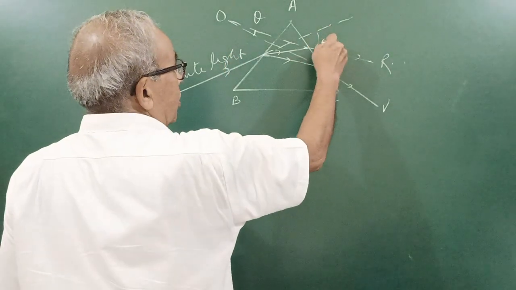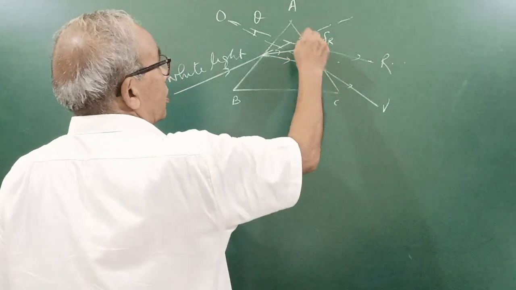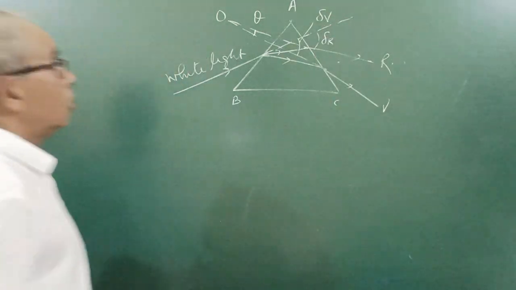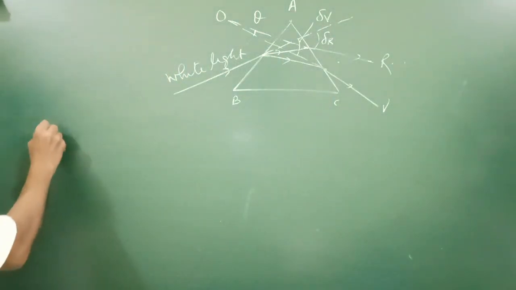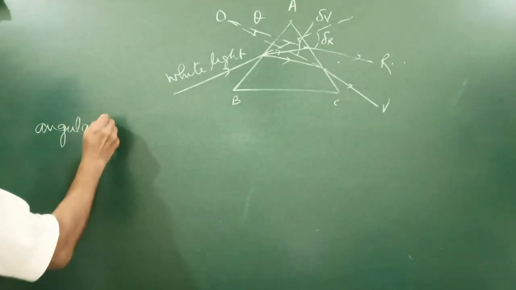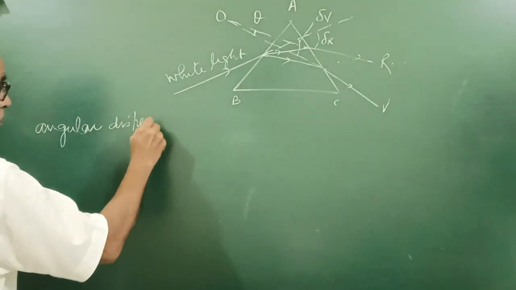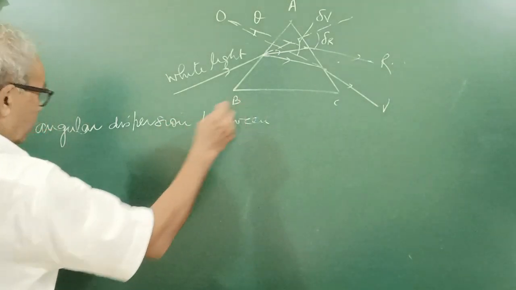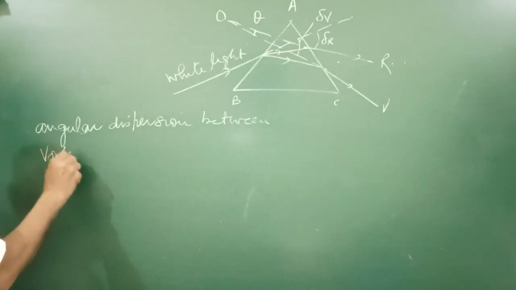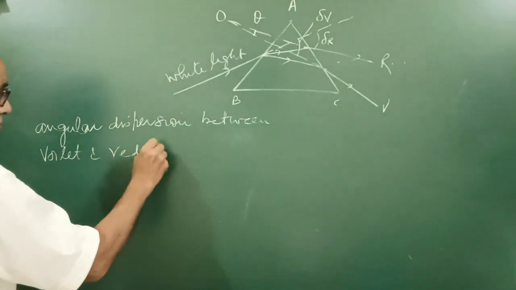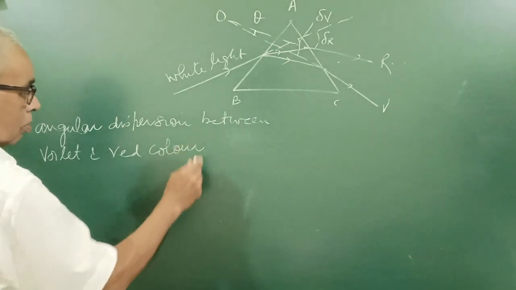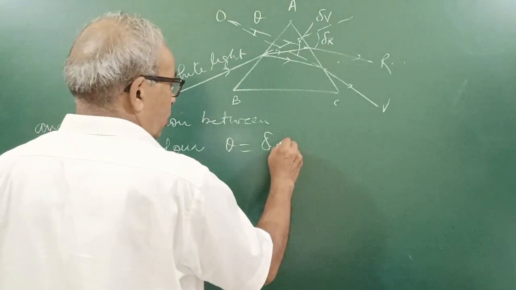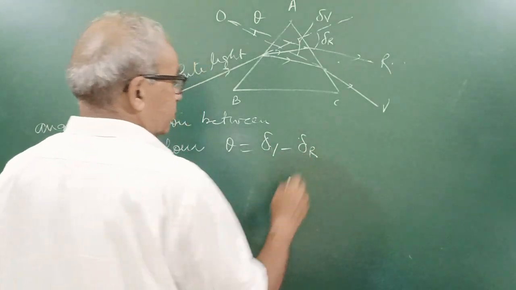This is delta R, and this is delta V. So here, the angular dispersion between violet and red color, theta, is equal to delta V minus delta R.